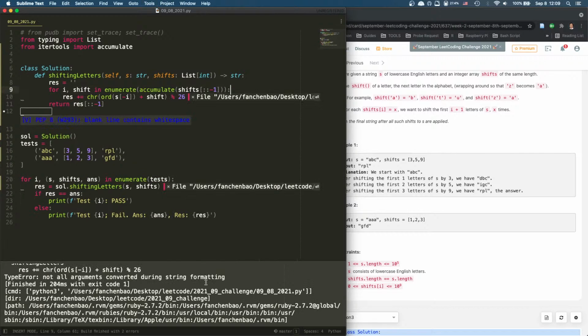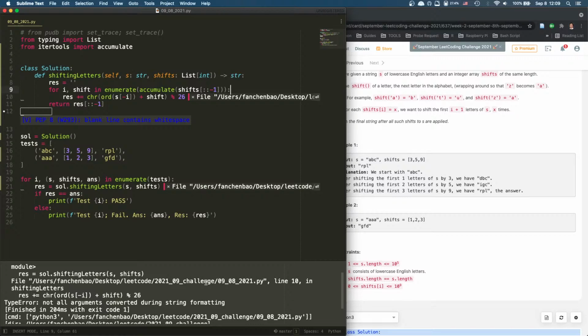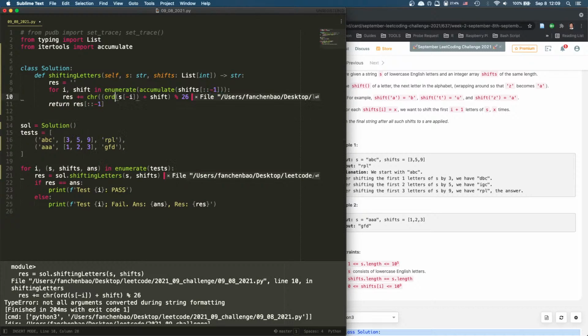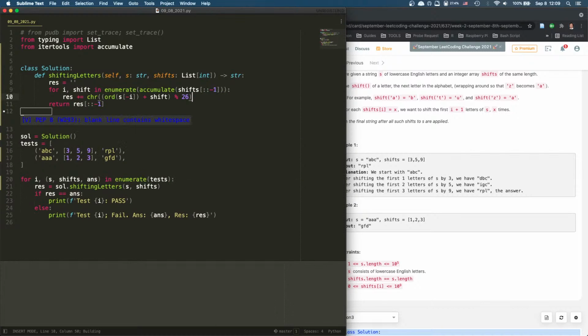Nope, not all arguments converted during string formatting. I think, yep, I need another one. Ah, that ain't right. That ain't right. Hold on. Shift. No.